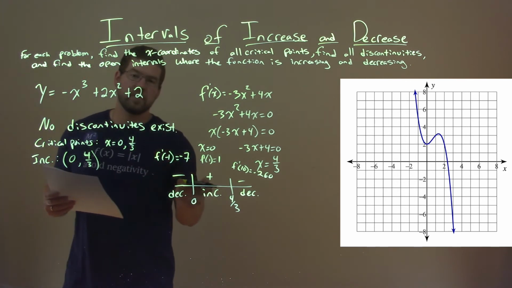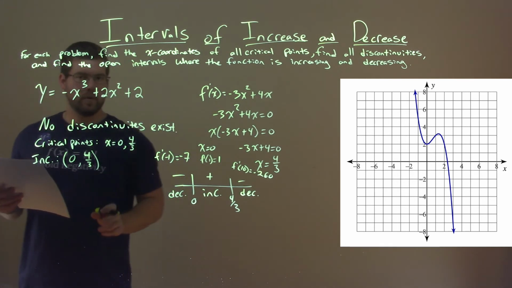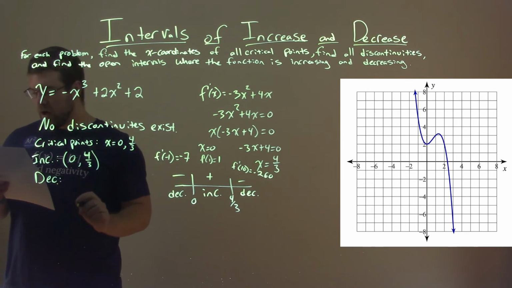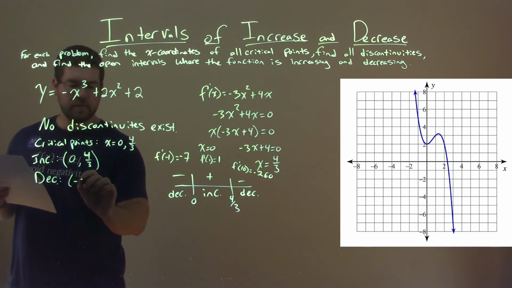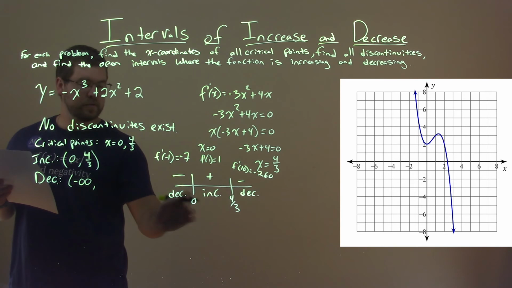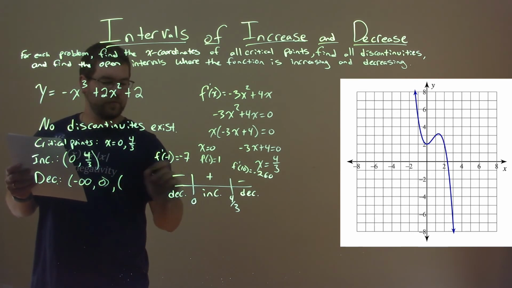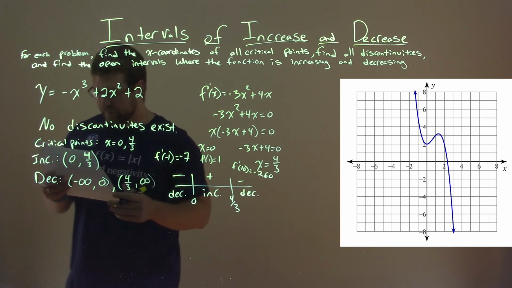We put parentheses around them for our intervals, don't put brackets. It's decreasing on the interval from negative infinity to 0, and from 4/3 to positive infinity.